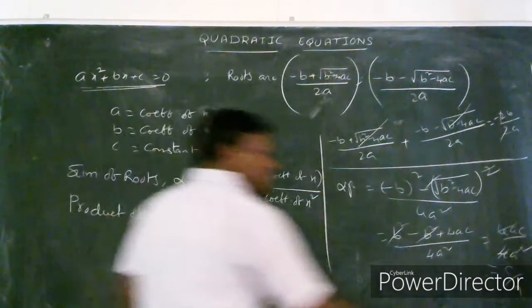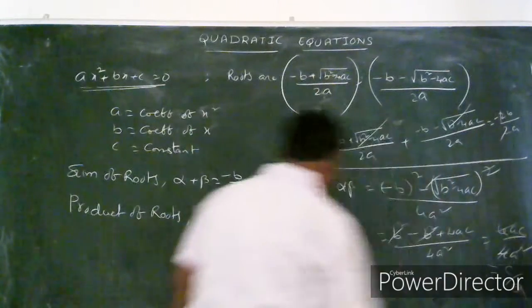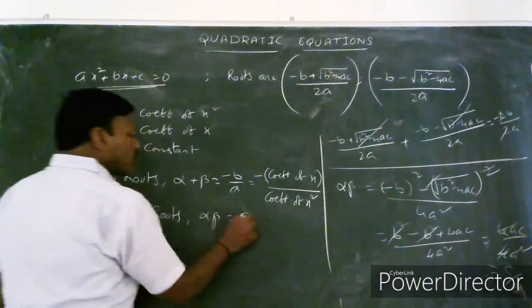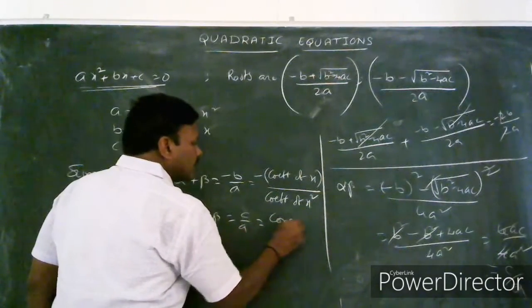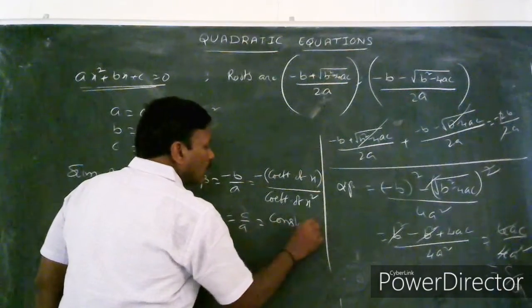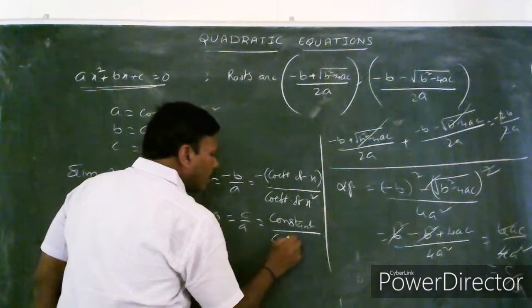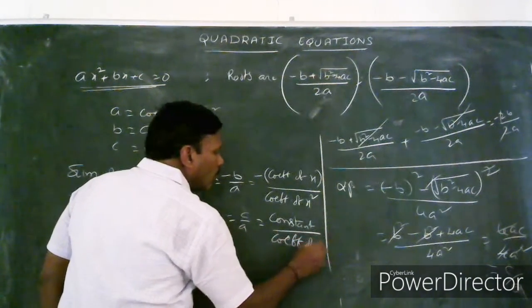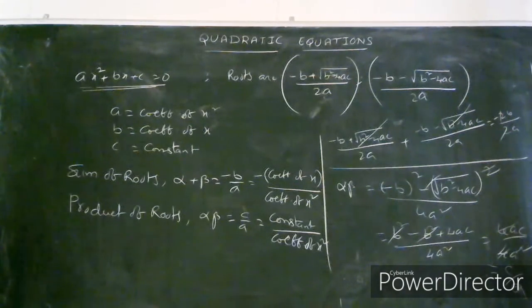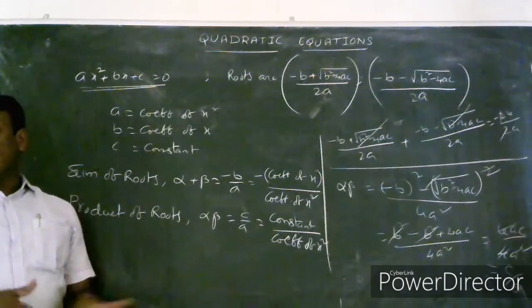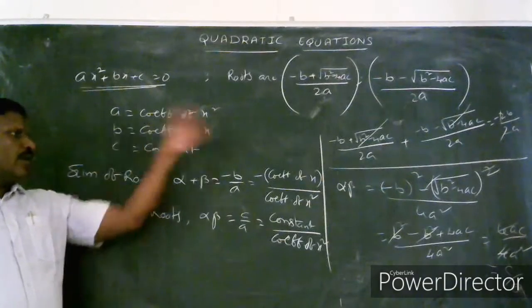This is c by a. So product of roots is equal to c by a. What is the meaning of c? Constant by coefficient of x square.